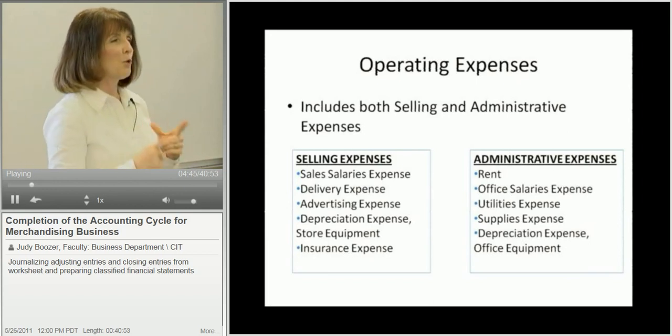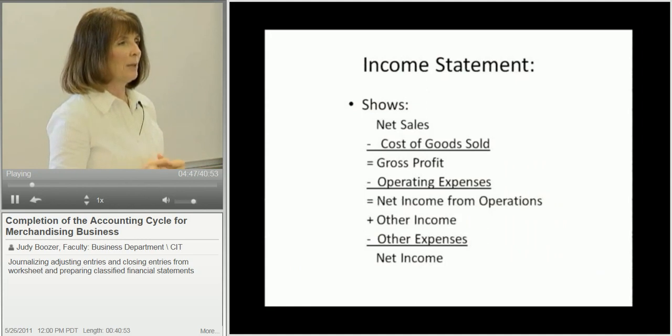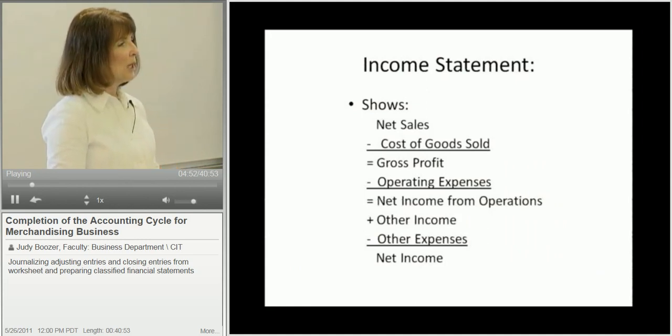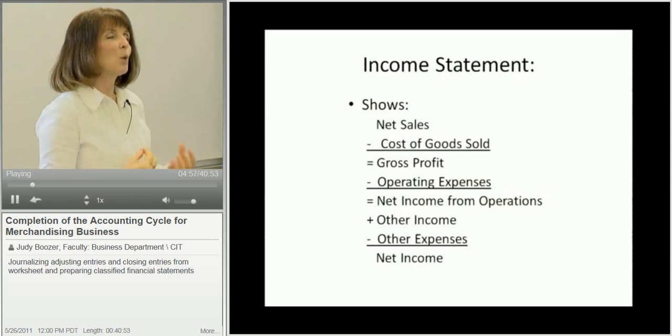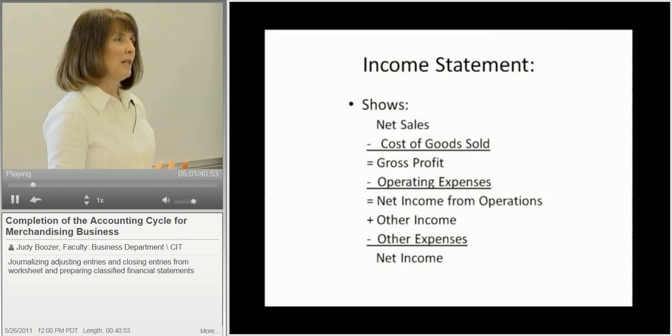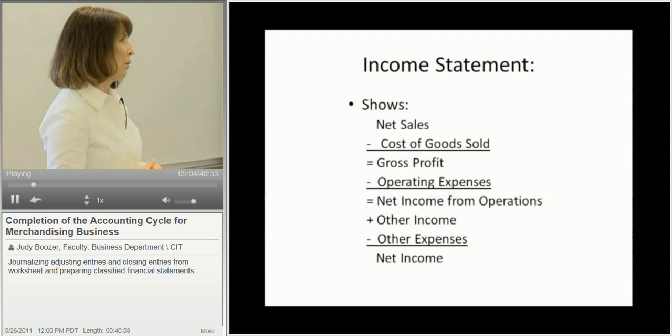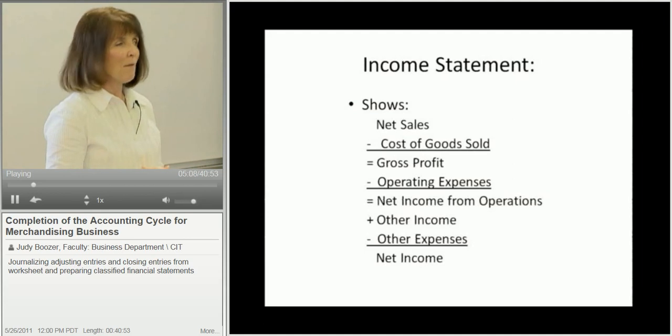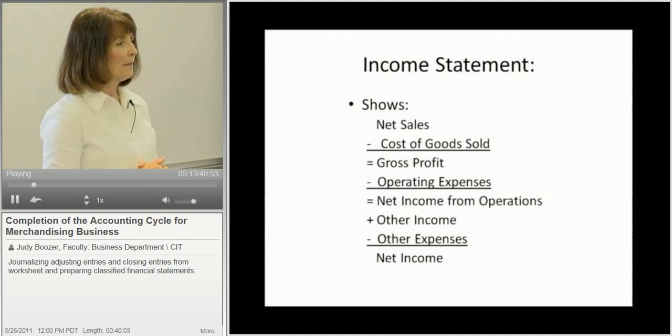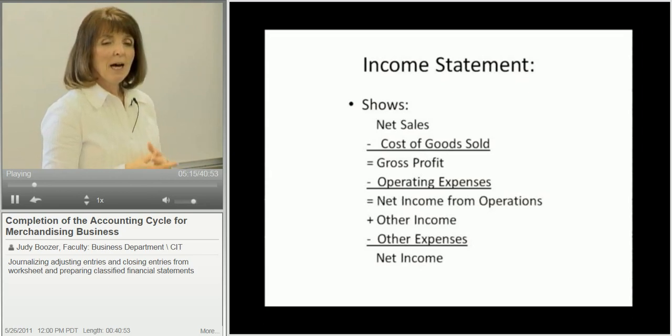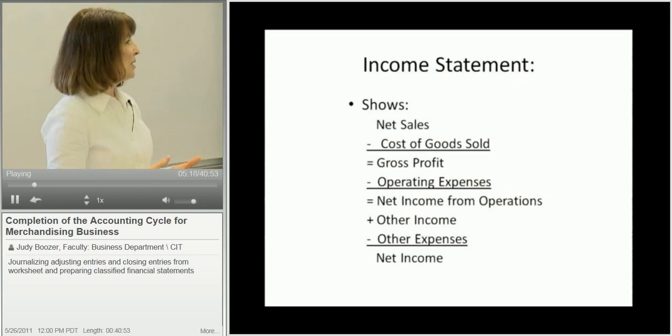And we're going to go through that in detail here in a little bit. But if you subtract the cost of the goods that we sold from your net sales, that gives you something called a gross profit. Not a net profit, but a gross profit, meaning a profit before expenses have been subtracted. So once we have gross profit, we just subtract operating expenses, and that leaves us with net income from operations.